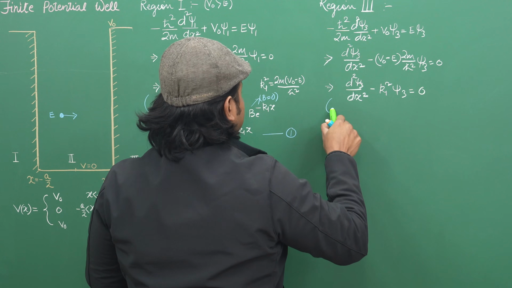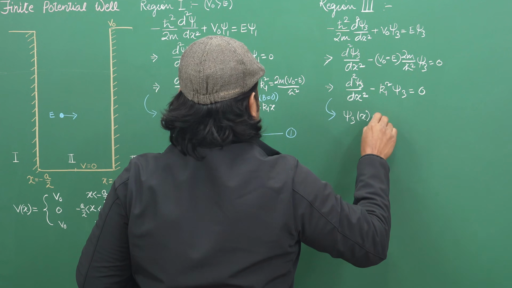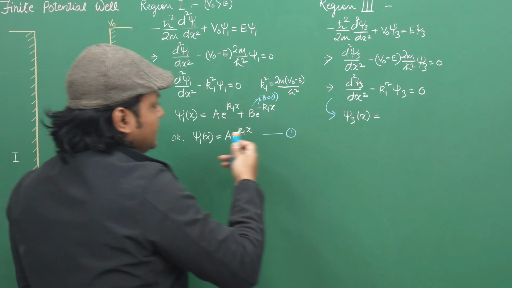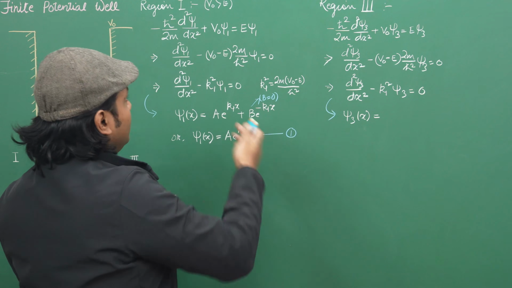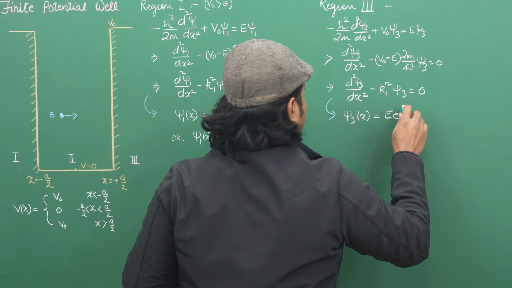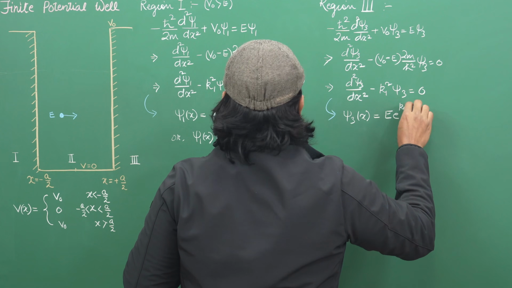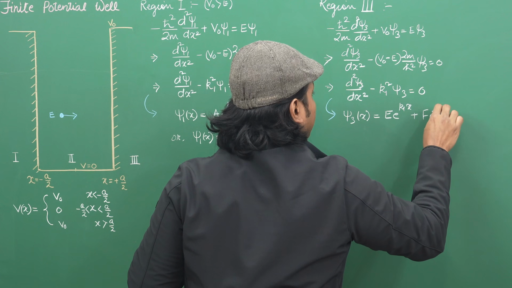This gives us another solution. Psi 3(x) is equal to, I'm going to be using different constants here. Here we had A and B. I'm going to preserve C and D for region number 2. Let's use E and F. So E e to the power k1x plus F e to the power minus k1x.